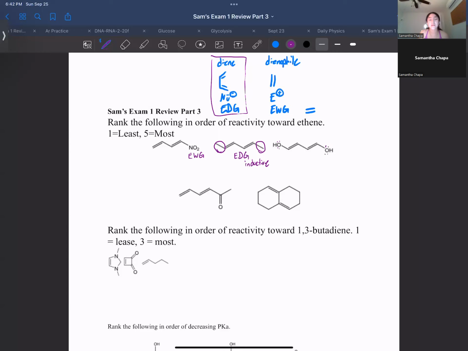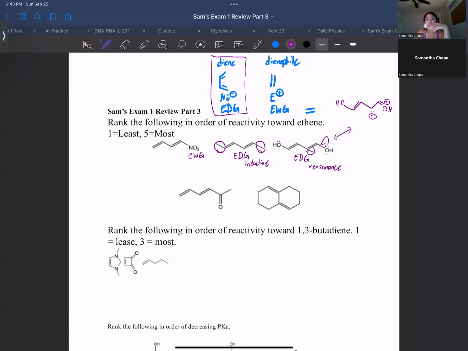Here we have lone pairs near our diene. They're going to be donating electrons, electron donating groups through the resonance effect. So I'll just give you an example of that. If you draw your resonance structure for this, when we resonate, we are putting a carbanion or a negative charge on a carbon.